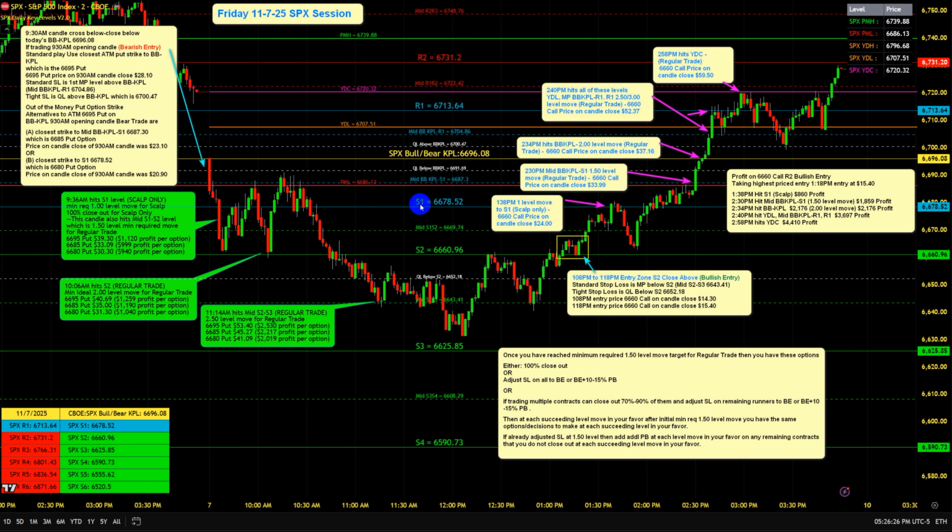So a bullish trade off of S1, your standard stop loss would be mid S1, S2. A bullish trade off of the bull bear KPL is the midpoint below, mid BB-KPL S1. And if you took a bullish trade off of R1, the standard stop loss would be mid BB-KPL R1. Whereas the tight stop loss would be QL below R1.